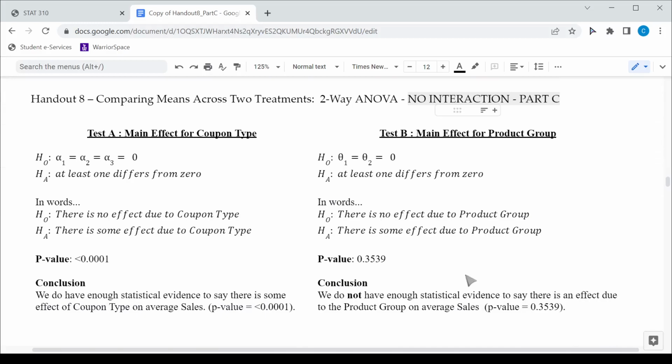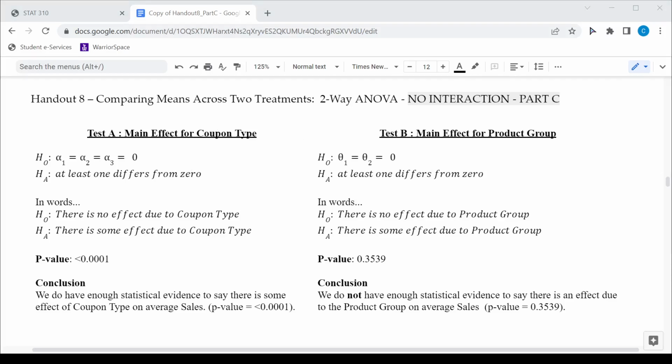So I do not have differences between the two product groups, which is the essential and non-essential items. So statistically speaking, there's no difference between essential or non-essential items in average sales. That's the response here that I care about. So I have differences for coupon type, but I do not have differences for product group.